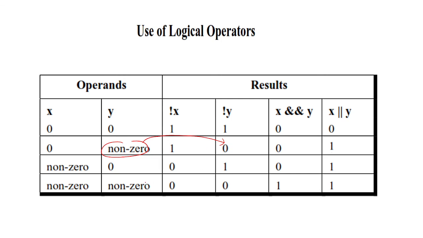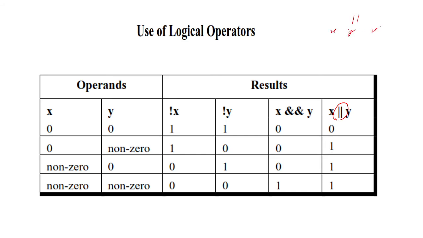As you can see here, this is also 0. Likewise, in this case where x is a non-zero quantity, it becomes 0 here, meaning the complement of that.